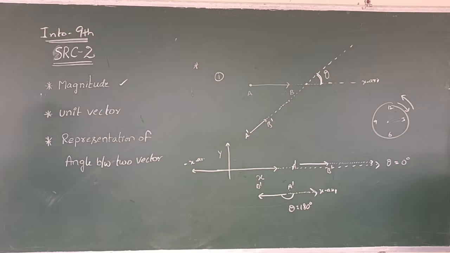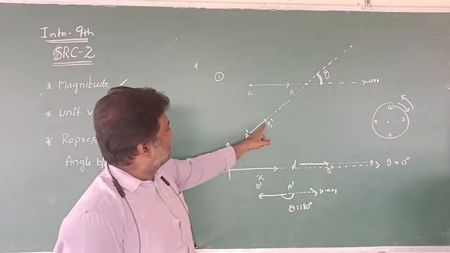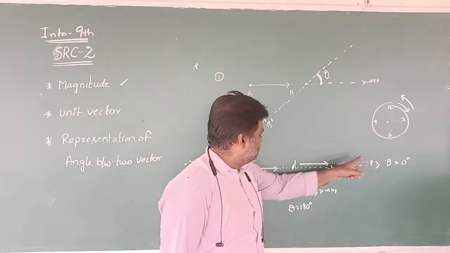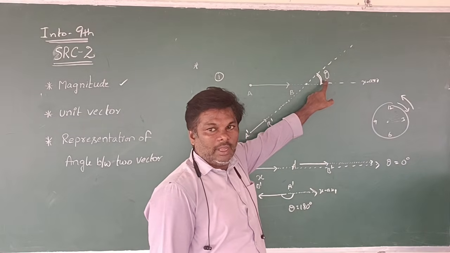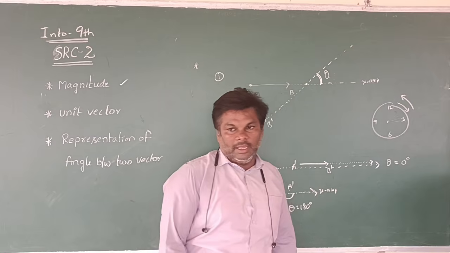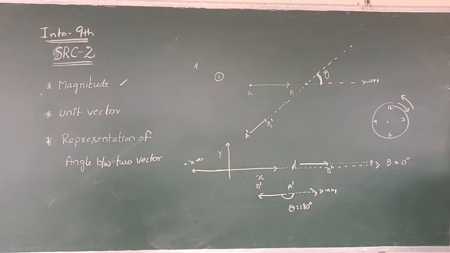For anti-parallel vectors, the angle between those two is equal to 180. And a vector which makes an angle theta, which is not 0 and not 180, is nothing but angular displacement theta, which may be greater than 0 degrees and less than 180 degrees.